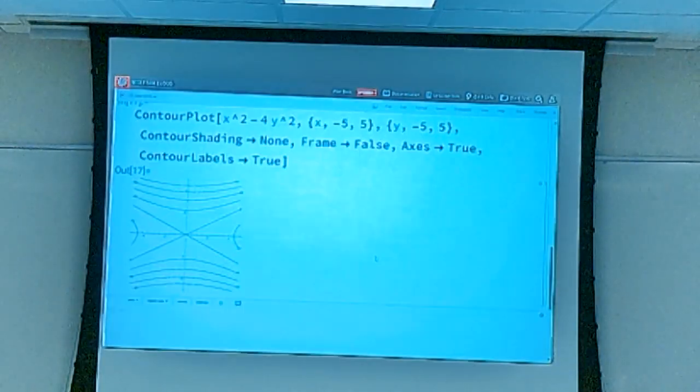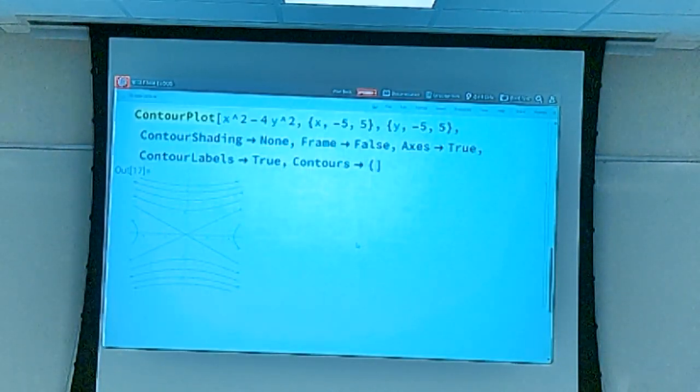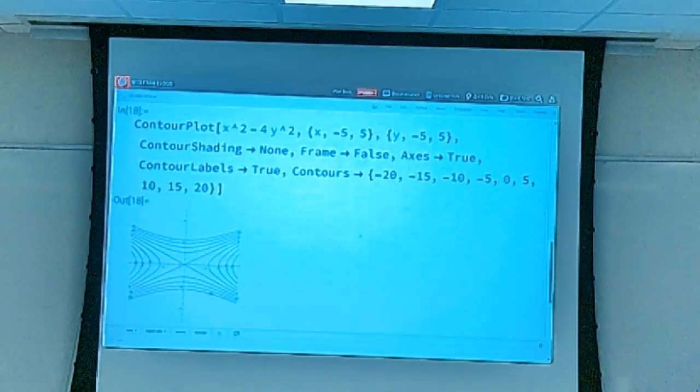Okay, not too bad. Let's try this. Kind of looks better.